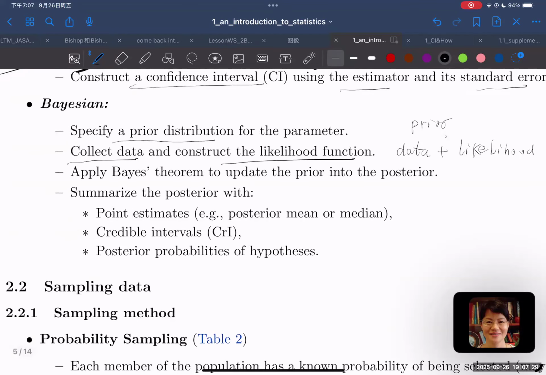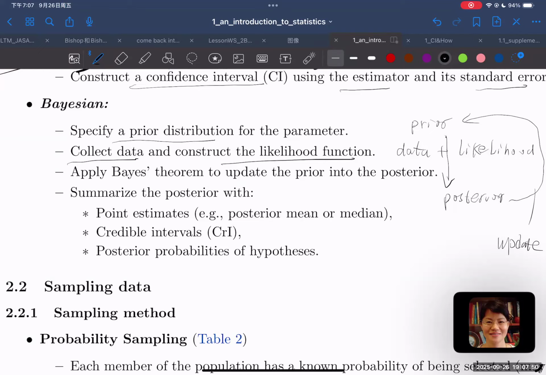Then you update, and then you have the posterior. And this posterior then becomes the prior again, and then you just update it. So this is the Bayesian method. This one does make sense.